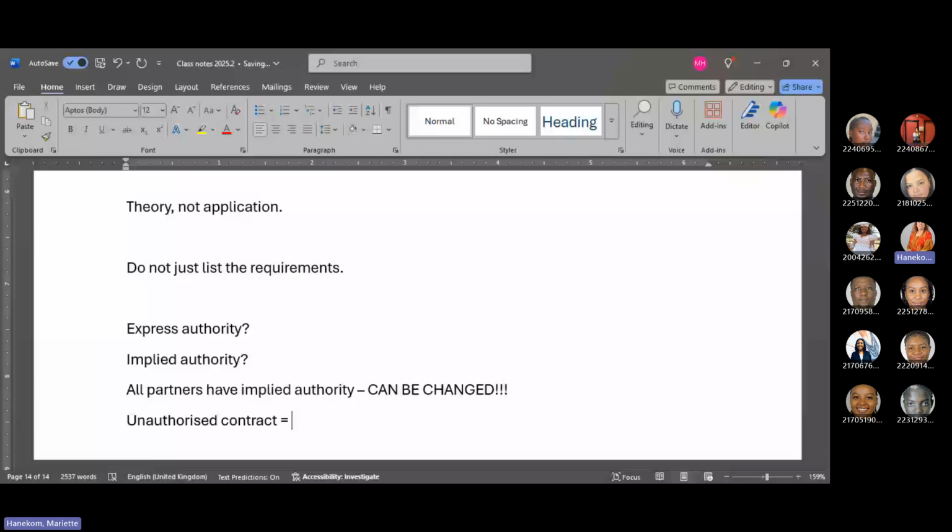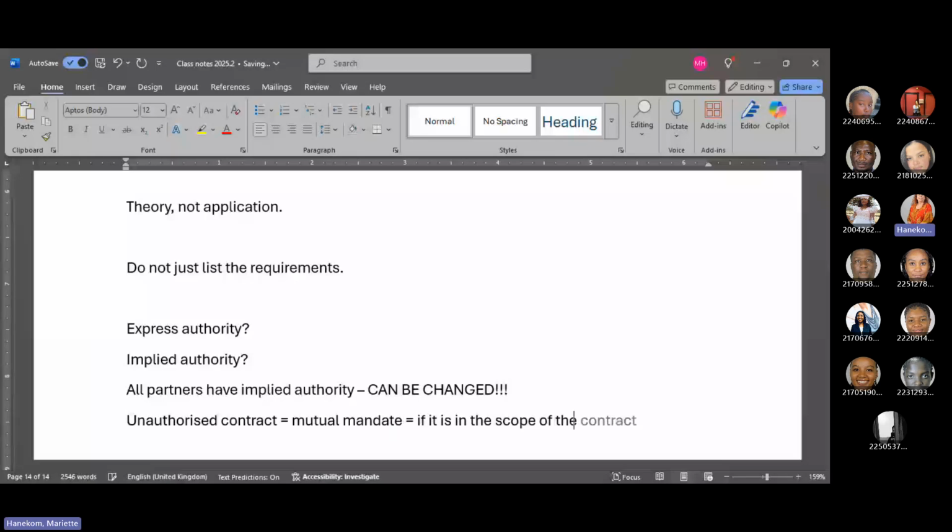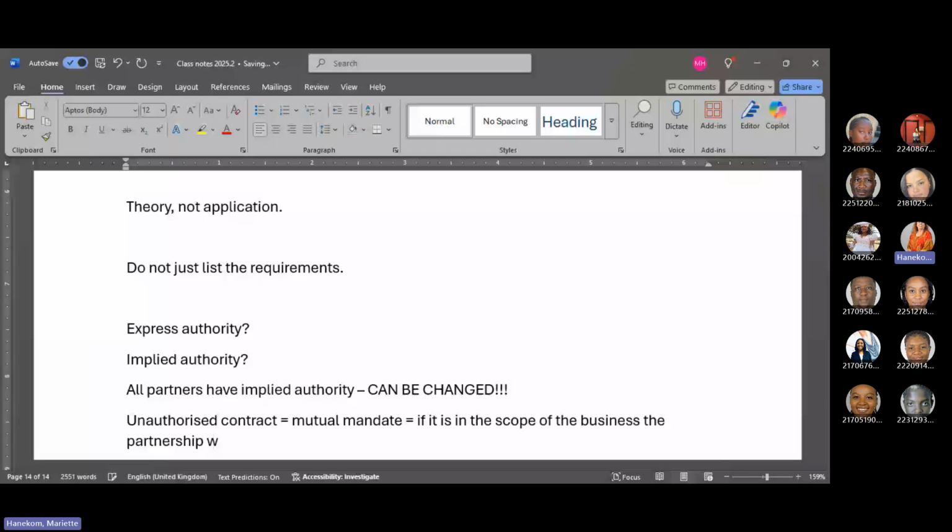In a partnership, the mutual mandate means that in the scope of the business, the partnership will be bound.